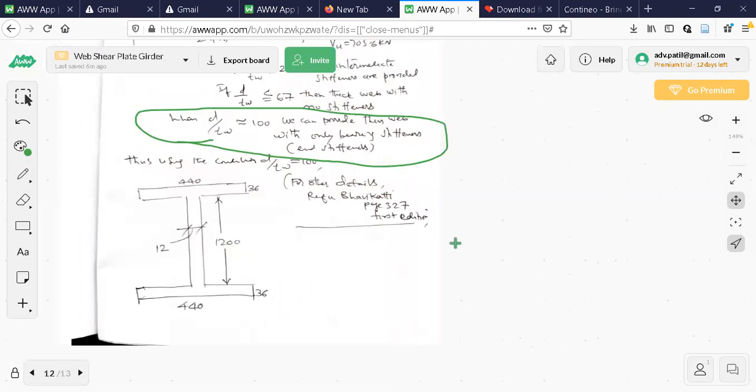The profile was based on different D by TW ratios. Like this, you should check whichever problem is solved. For example, if you refer some book and you find that he has designed both end as well as bearing stiffeners, then check how he has finalized the profile. You have to go back and check the dimensions, on what basis he has arrived at the profile.